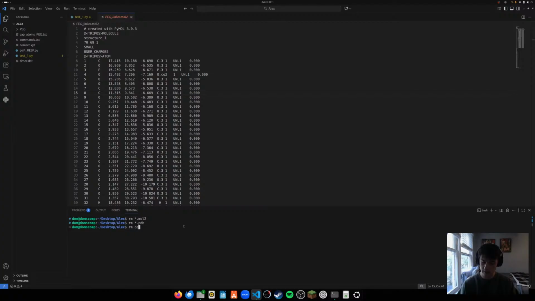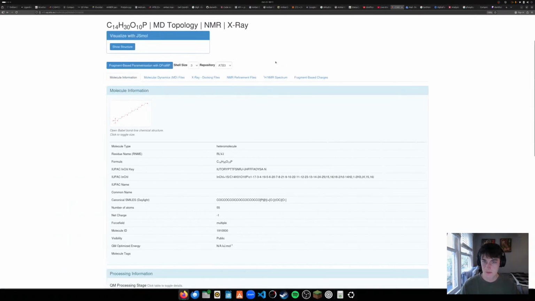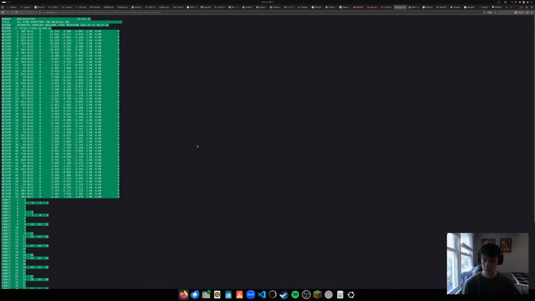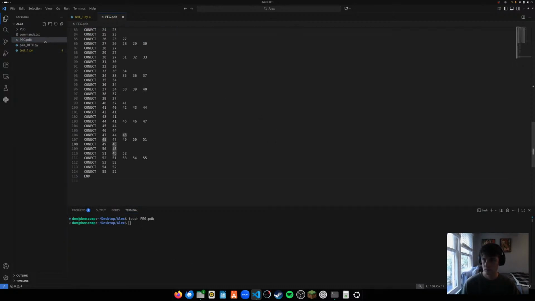So we don't need the cap atoms, we don't need the XYZ, remove the timer. Okay, and then we can just add this here, just so that everything's clean and neat. So we'll do touch PEG.pdb. So this looks like that.